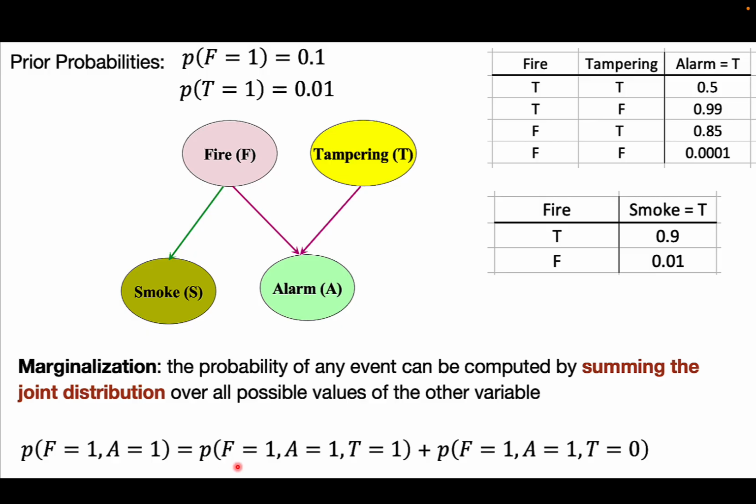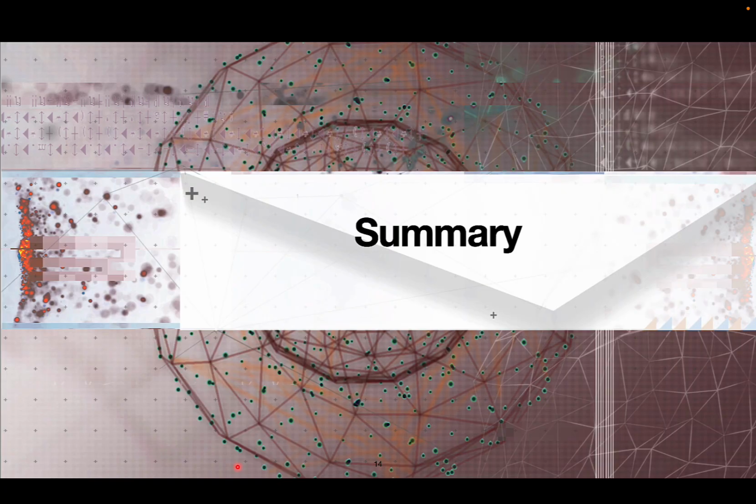To find the probability of fire, we need to marginalize over the tampering variable, considering both probabilities. Tampering is true when the alarm goes off, and tampering is false when the alarm goes off. Then we use the law of total probability to sum over these probabilities. In summary, we discussed the Bayesian belief networks.